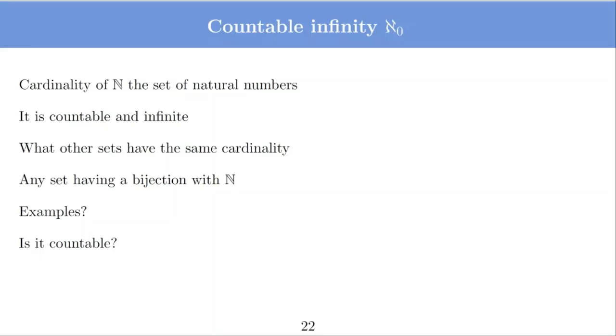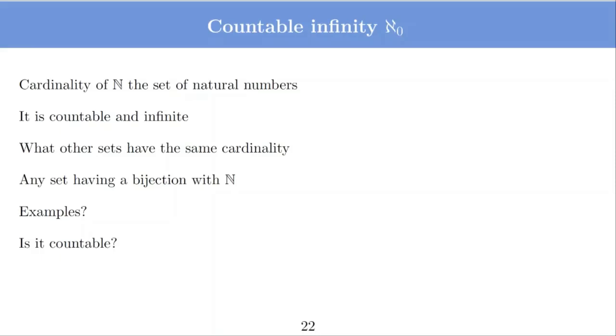So that is why you are able to find an order in the set, right? And you are able to count them: this is the first element which is mapped to 1, this is the second element which is mapped to 2, this is the nth element which is mapped to n. And if you can find a bijection map, this basically means that you are able to put an order in the set and count the elements of that set. And that is why we say that set is countable.